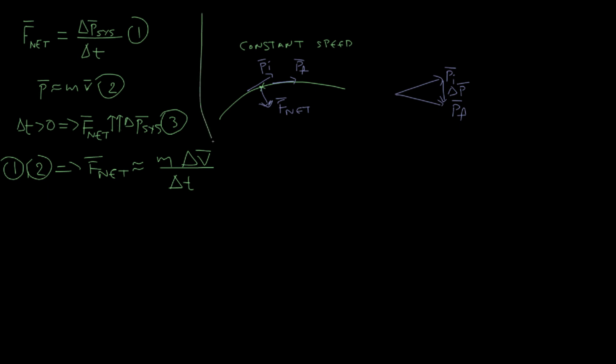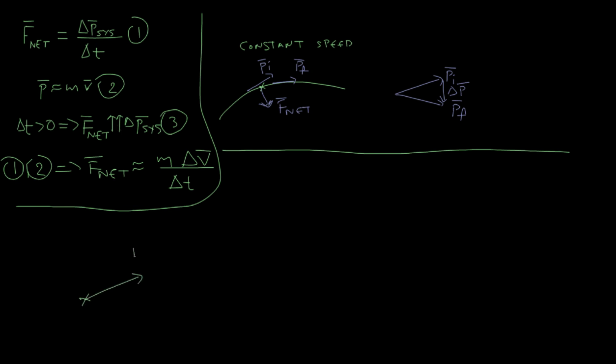Now we can also do the opposite process. So, for example, let's say I know that at this point in space I have a momentum that points this way. And then I am told that there is a net force acting in this direction on the system.